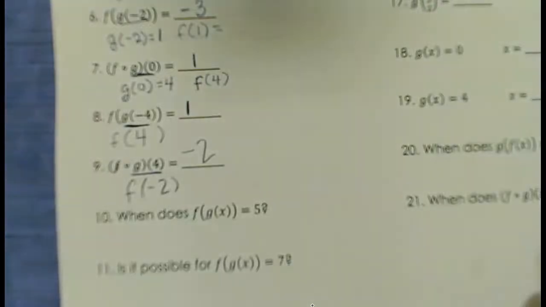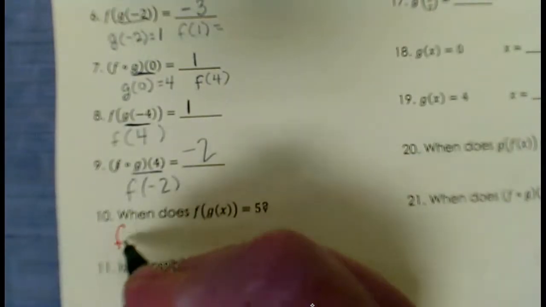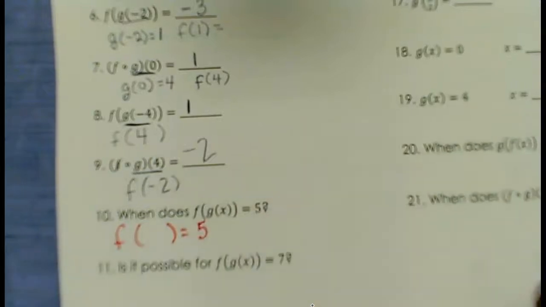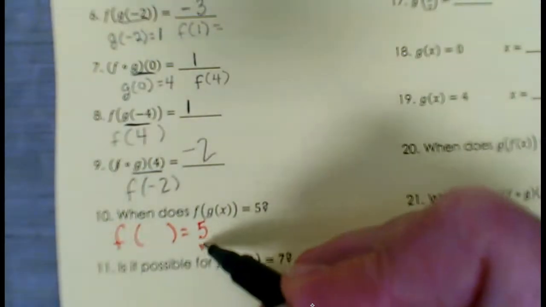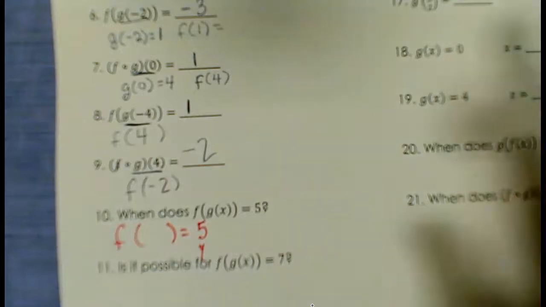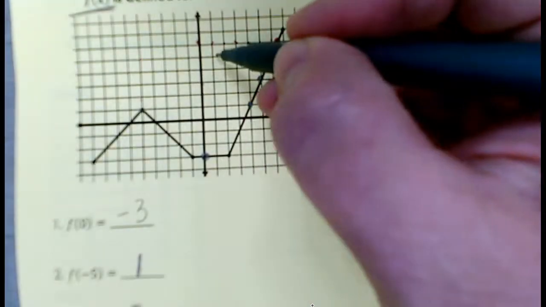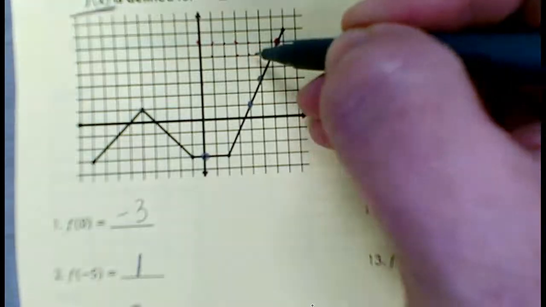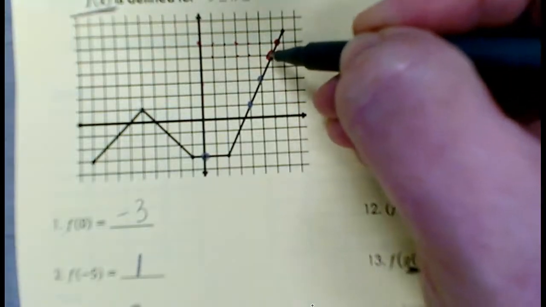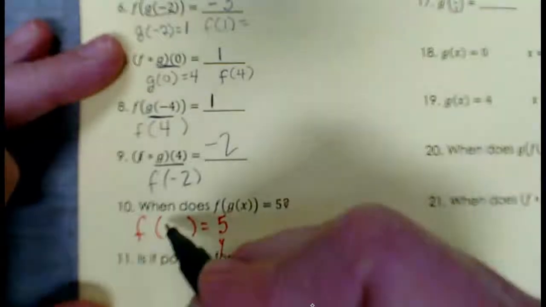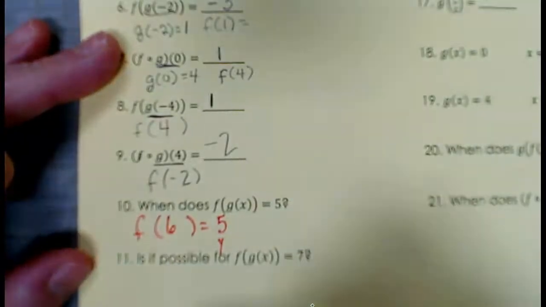Let's go back and do problem number 10. F of some number equals 5. 5 is my y value. 1, 2, 3, 4, 5. This would be a 6.